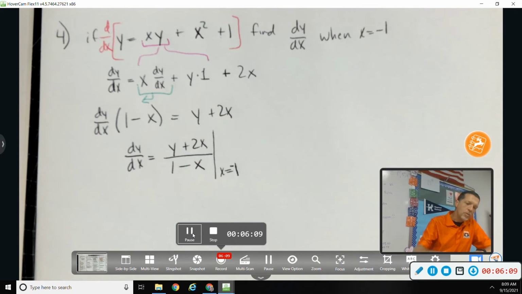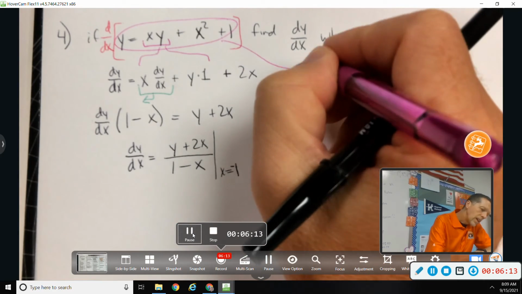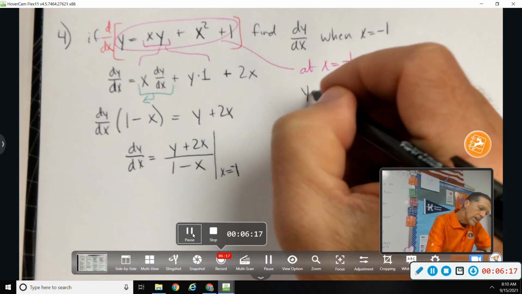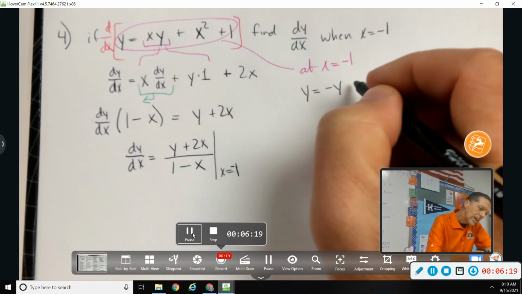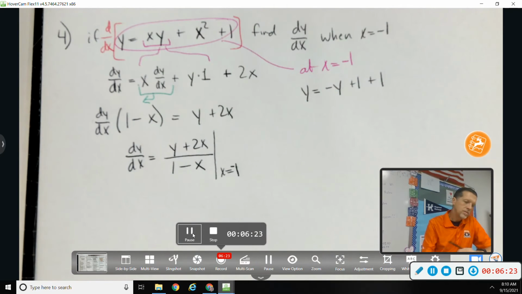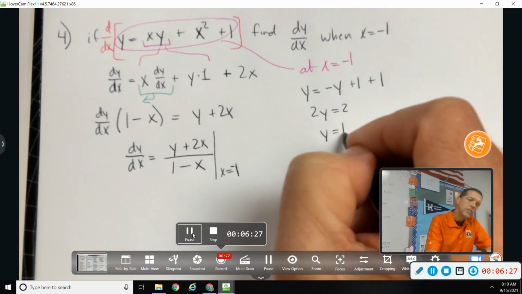So let's go back to the original problem up here and say when x is negative 1, y equals negative y plus 1 plus 1. So 2y equals 2 and y equals 1.